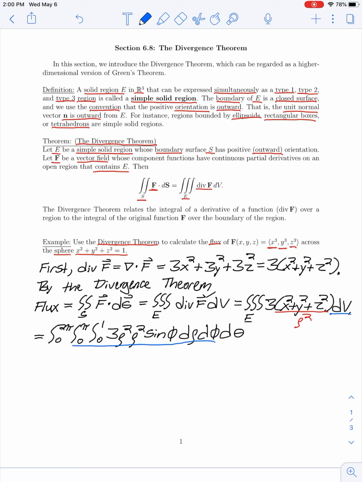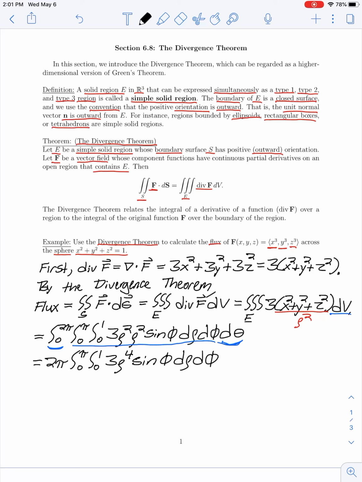So our outermost integral with respect to theta from 0 to 2 pi, we can think of pulling this constant function out in front of that integral, and we have the length of our theta interval, which is 2 pi, times the constant with respect to theta, which would be the inner two integrals from 0 to pi and 0 to 1. And then simplifying our integrand, we have 3 rho squared times rho squared gives us rho to the 4th times sine of phi d rho d phi.